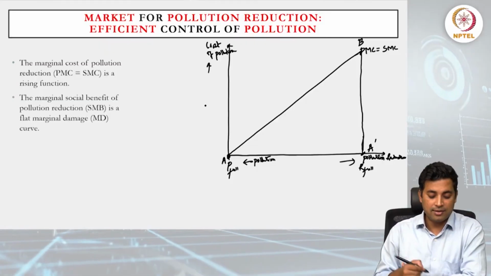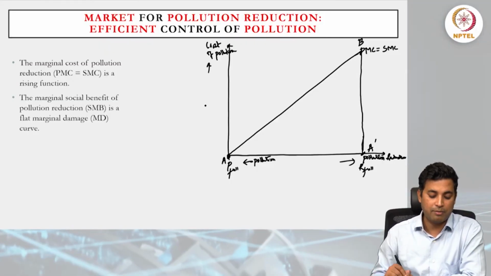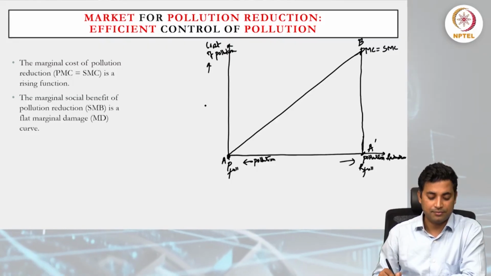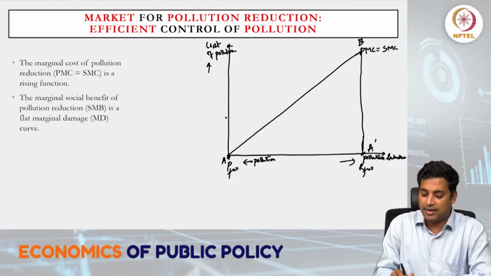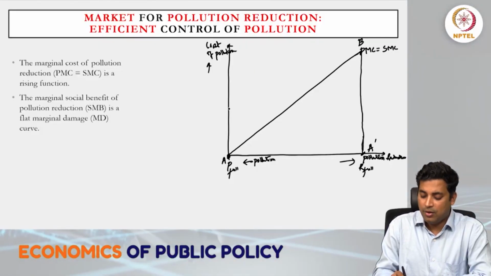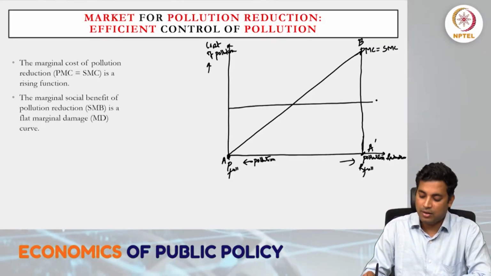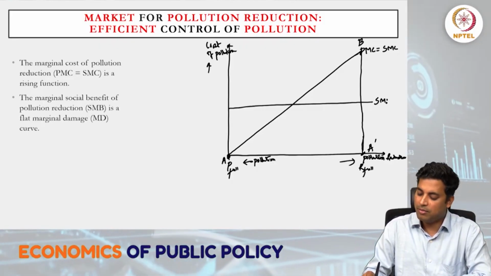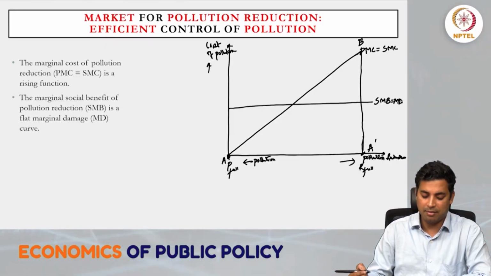Now the second curve is the marginal social benefit of the pollution reduction, and to make it simpler, we are taking a straight line. This is our social marginal benefit curve, which equals the marginal demand curve.